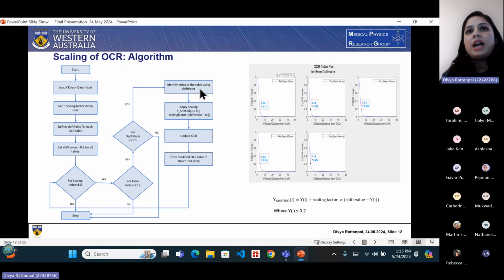Once it identifies the shift point, according to this formula it shifts the value of Y based on the scaling factor and the shift value, which is set to a constant 0.2 for all the 12 tables. Once it updates the Y value, it updates the off-center ratio table until the end of the table.